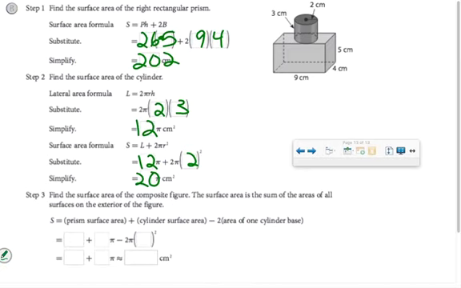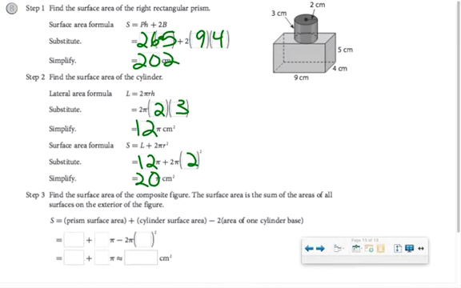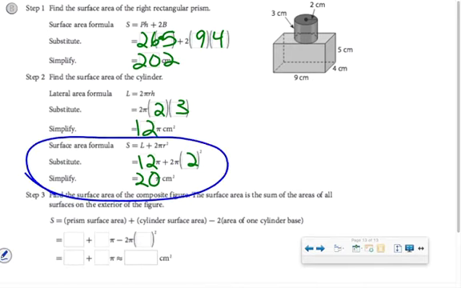And so now let's see what they have us adding and subtracting. They have us starting with the prism's surface area, adding to it the cylinder's surface area, so far so good, and then they're subtracting 2 areas of the cylinder's base. You might be wondering, why are they subtracting 2 of them? First of all, realize that in here, we're including 2 bases of the cylinder, but notice that only this one is a surface of my composite figure.